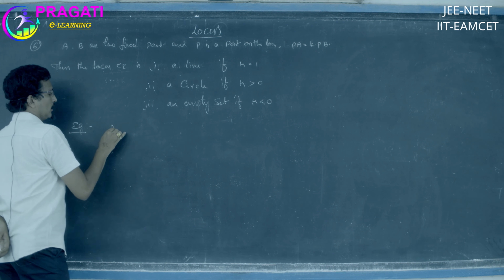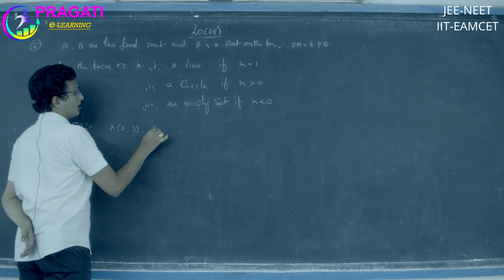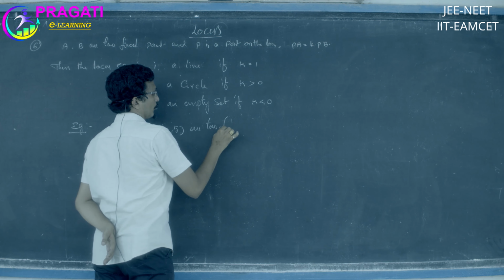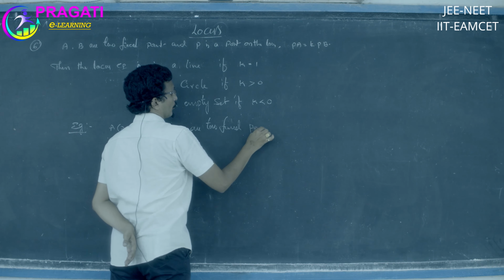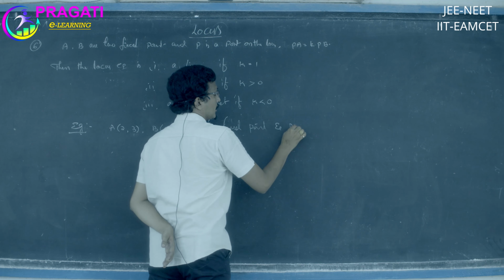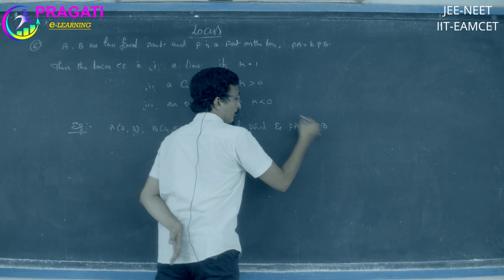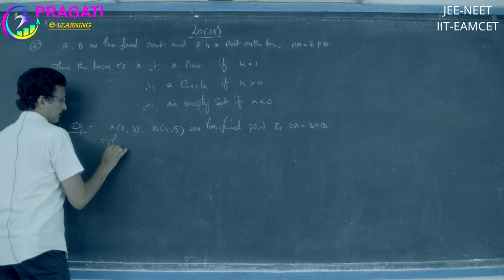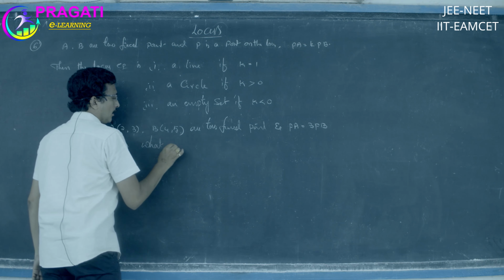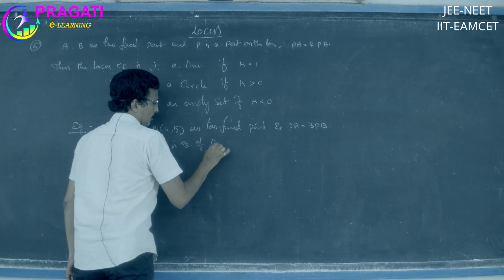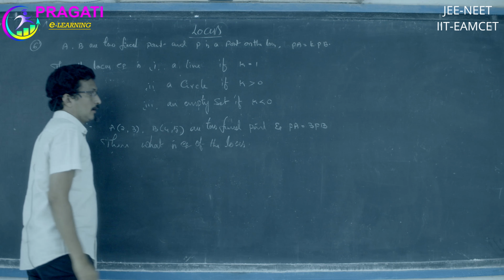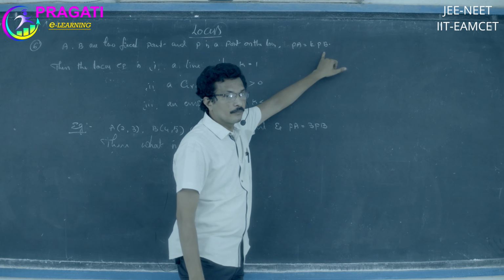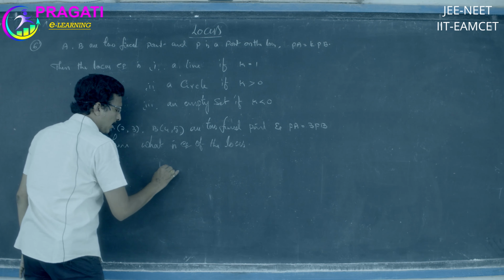That means, one of the examples: suppose A is 2 comma 3, B is 4 comma 5, two fixed points, and PA is equal to 3PB. What is the equation of the locus? Comparing to this one, PA is equal to K PB, K means 3.